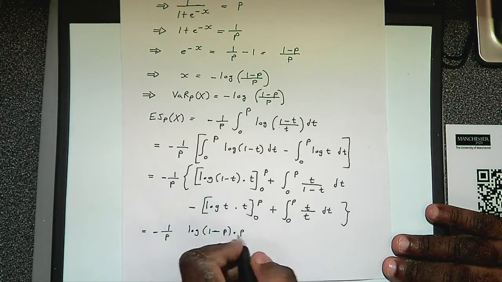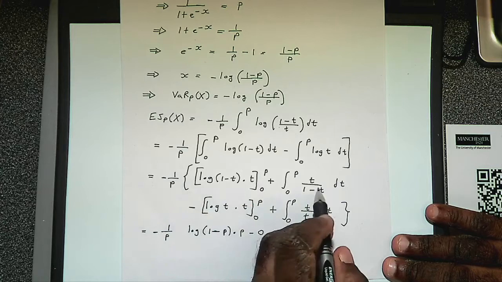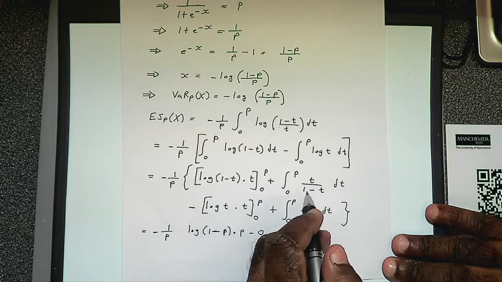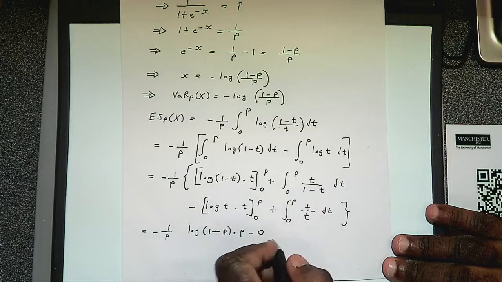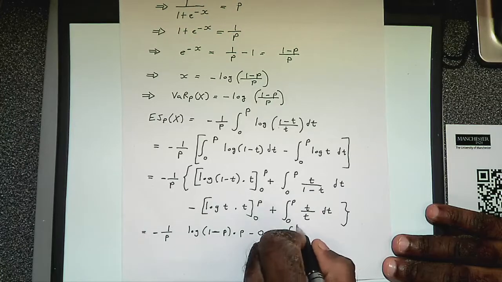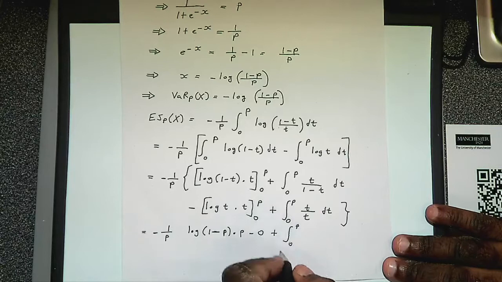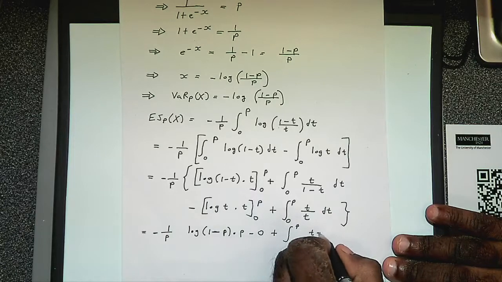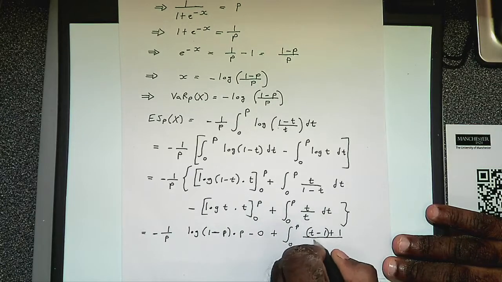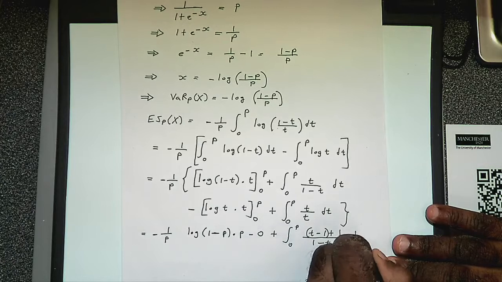At 0 you get 0. Now this guy here, you can write it as t minus 1 plus 1. I will explain why I'm doing this in a minute, but you can write it like this.